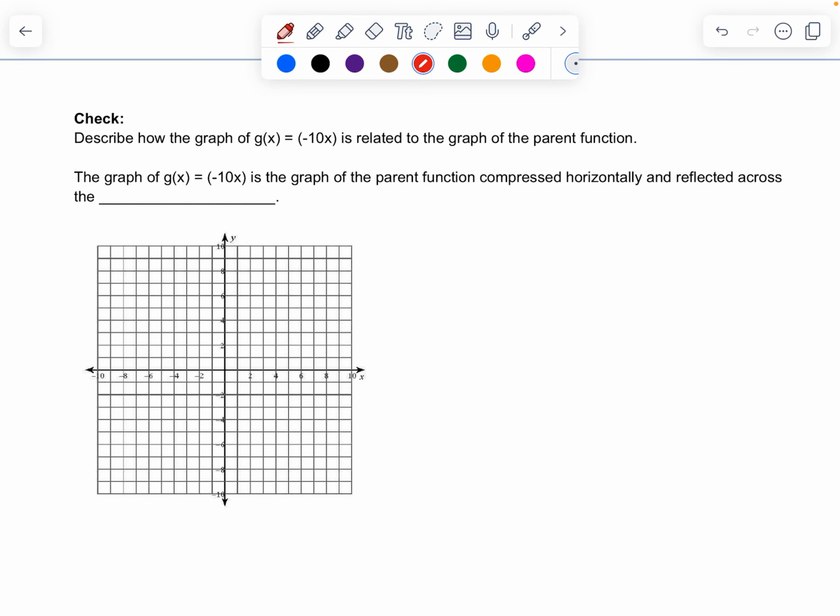Okay, so the original equation on this one is going to be here. So what are we going to do?